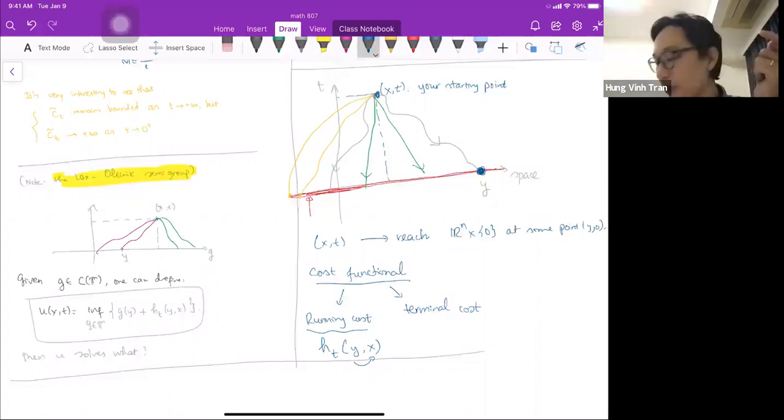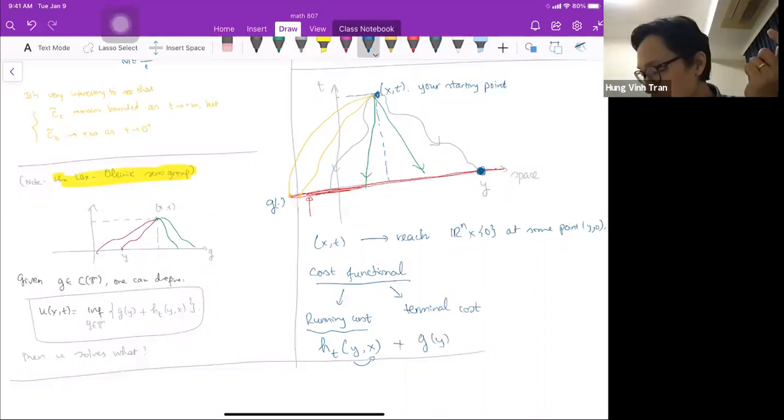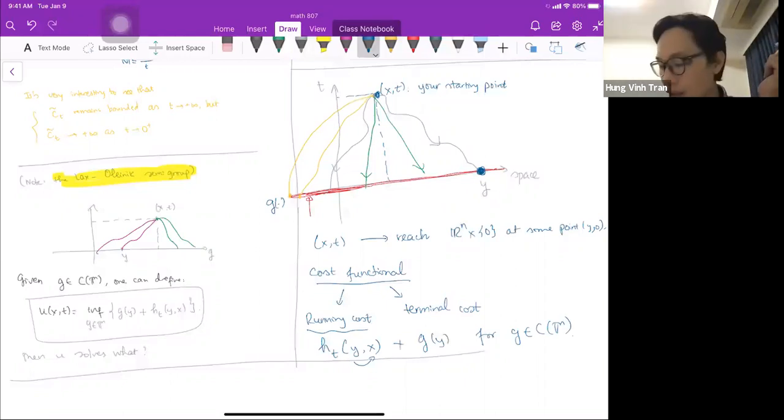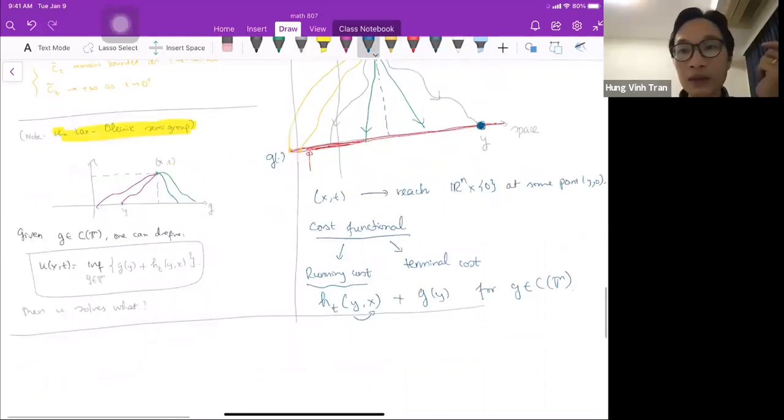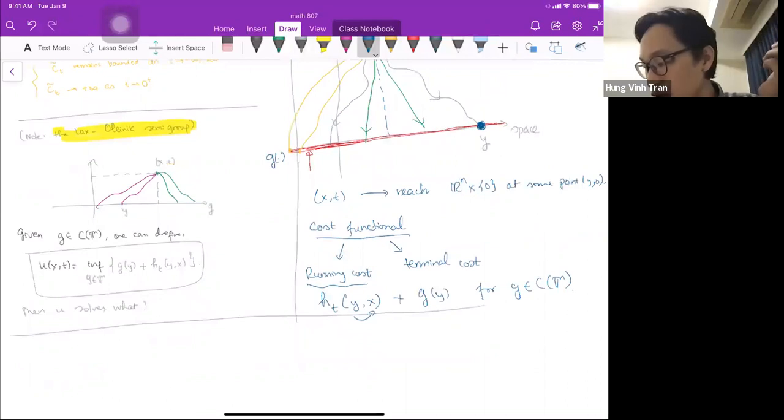And then for terminal costs, you're given a certain function g recording the terminal cost, so you pay the terminal cost g(y). Here g is a given function on the torus or something like that. So an optimization problem, or a problem in optimal control, is that we try to minimize the cost functional.